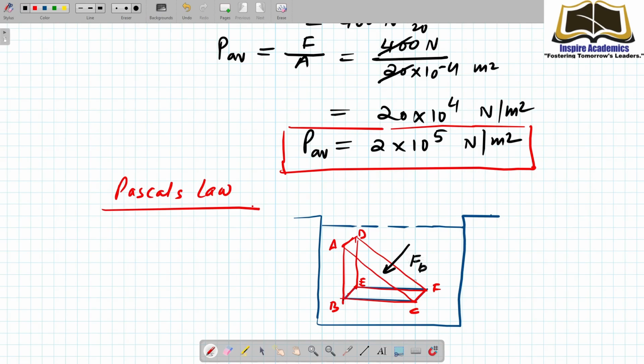Okay, and then this surface is A, so I will call it FA, and then let this be FC, F of C. These forces are being experienced by these respective surfaces, right? Clear ho gaya?